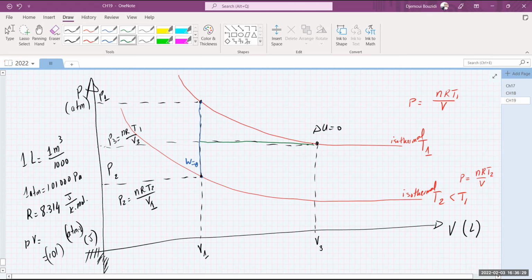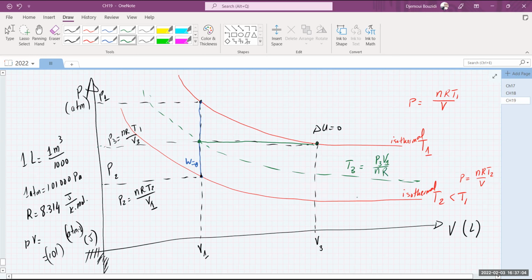The pressure doesn't change. It's P3 here, and it's P3 here. As a matter of fact, it's P3 everywhere in here. But the temperature has changed, from this isothermal, which is another equation that I can find in here. This is another isothermal. If you're curious about finding this temperature, which I'm going to call T3, T3 satisfies this pressure, P3, times this volume, V1, divided by NR.